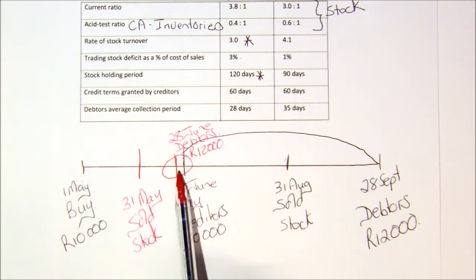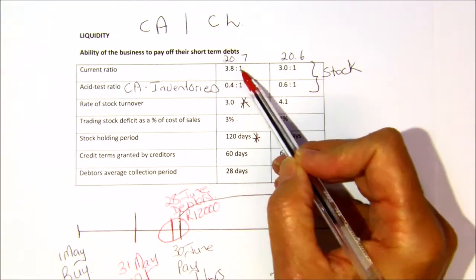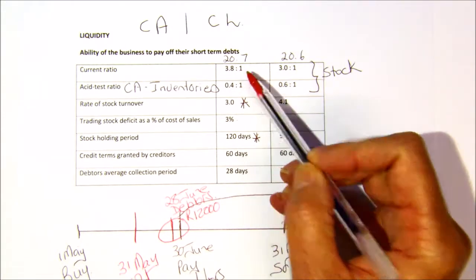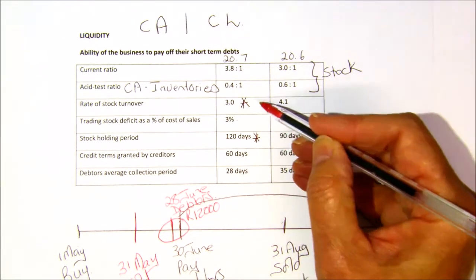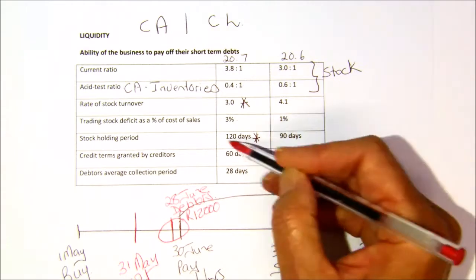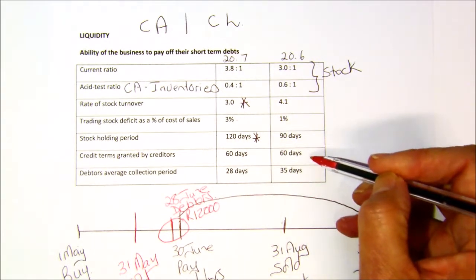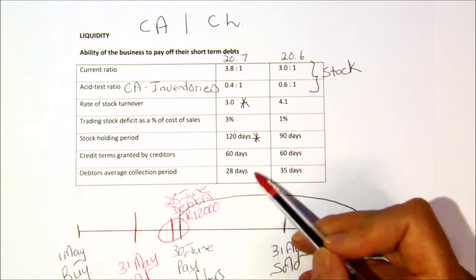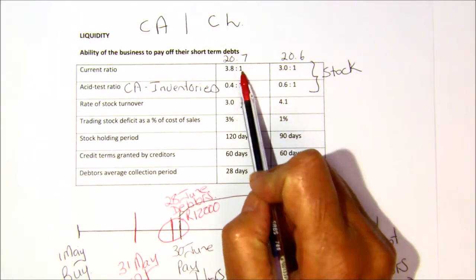Now, because it's not like that is why this ratio is too high. So yes, what has this business got to do? They've got to cut down the stock holding. They've got to do something about their stock. Their creditors probably, they won't be able to extend this. And the debtors are actually paying within 30 days. So the problem in this business is the stock.